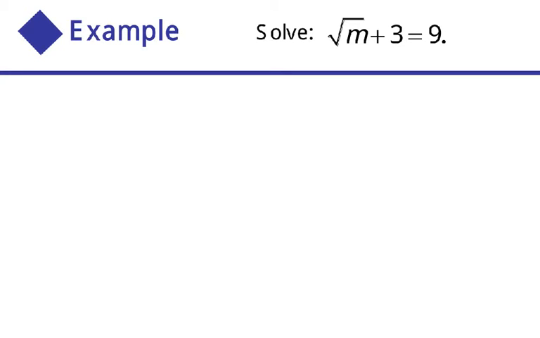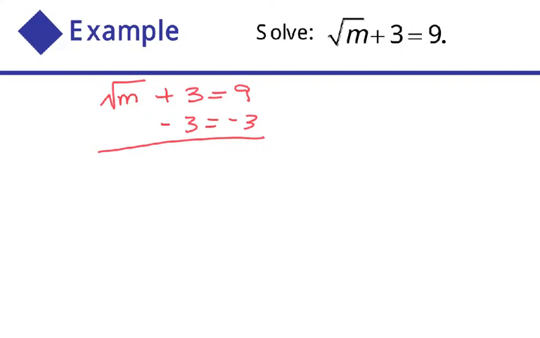So, first example, we're going to solve the square root of m plus 3 equals 9. I want to get this square root of m by itself over here. So I'm going to subtract 3 from both sides, and I'm going to get the square root of m equals 6.